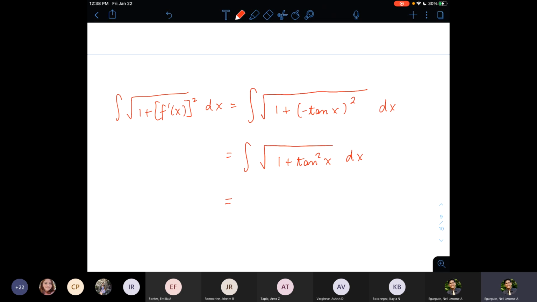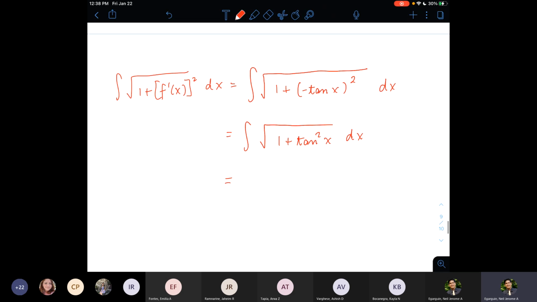And at this point, this might look very difficult, but again, if you go back to your trig identities, do you remember what 1 plus tangent squared x is equal to? Or what's a simpler form for that?